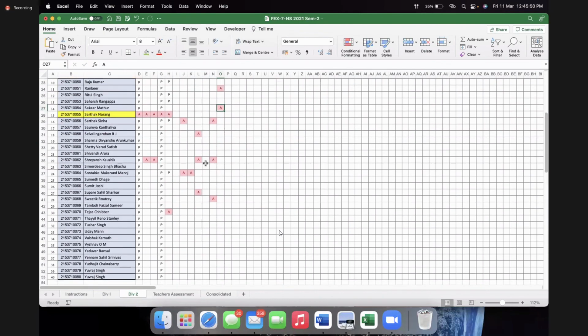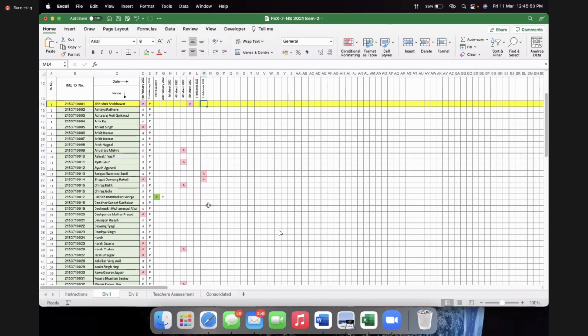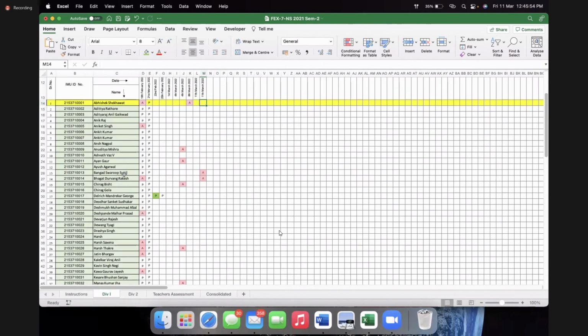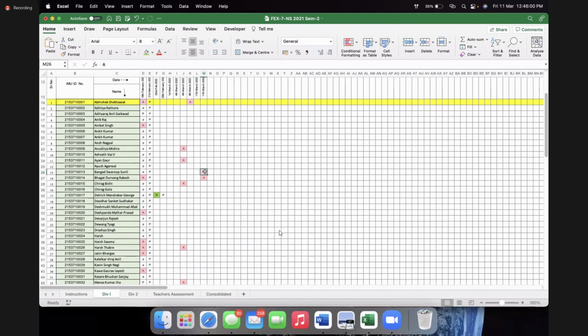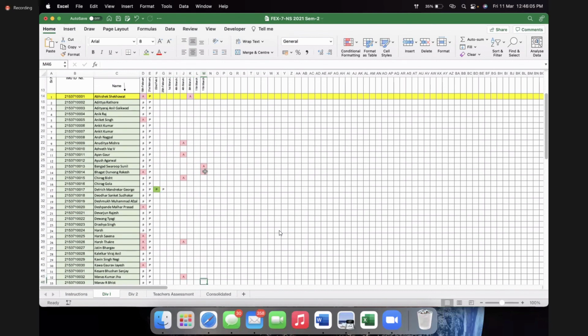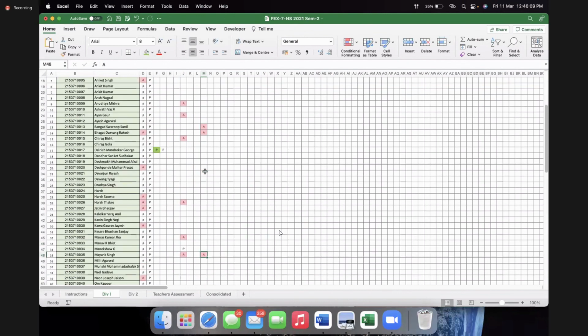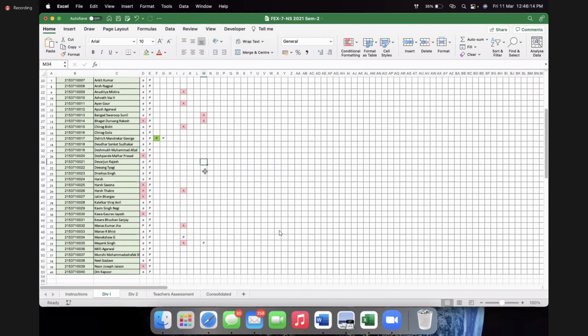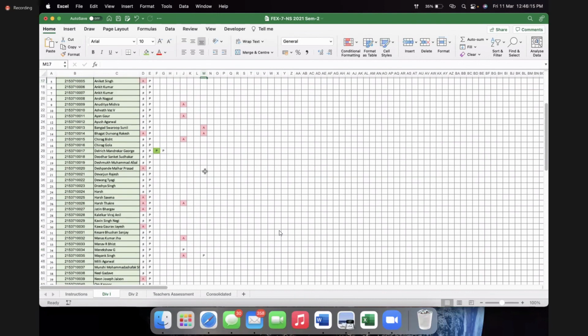Yes, sir. Let me see. In Division 1 the only people absent are Bangad Swarup Sunil and Bhagat Durbang Rakesh. I don't think we marked Mayank Singh absent. Okay, you are there. Yes, sir. That's it. So 2 people from Div 1 and 3 people from Div 2.